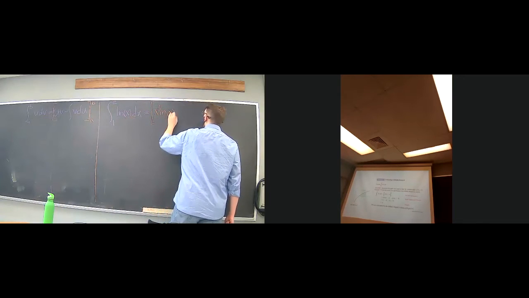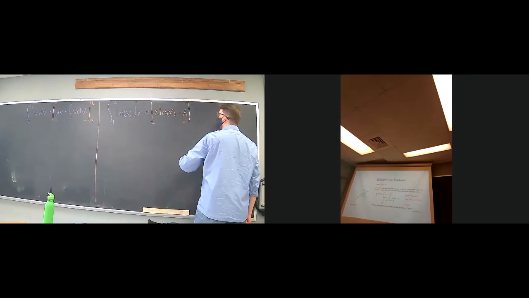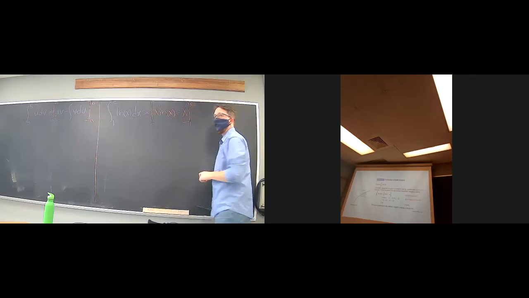Well, we just saw that integral comes out to be x ln of x minus x, right? Now, keeping our bounds, we're going to do this from 1 to e, right?